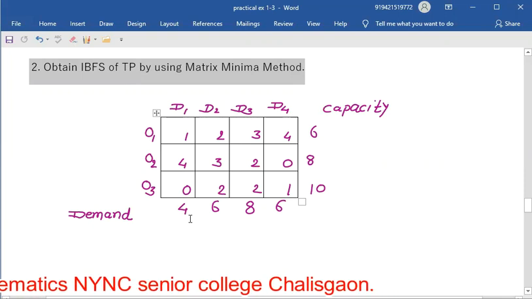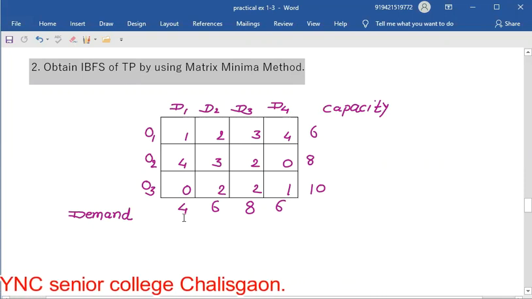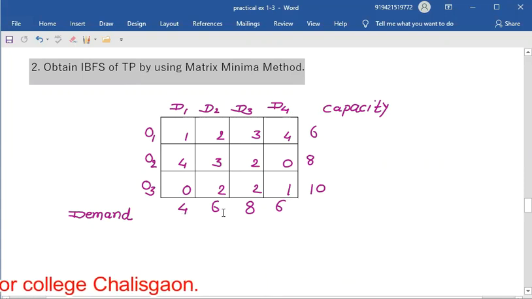The demands at the four warehouses D1, D2, D3, D4 are 4, 6, 8, 6 units, and the quantities available at the three factories O1, O2, O3 are 6, 8 and 10.